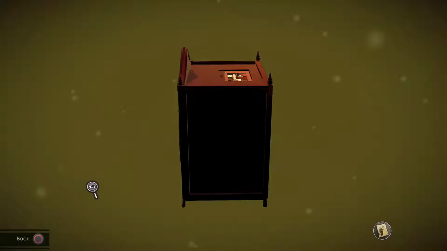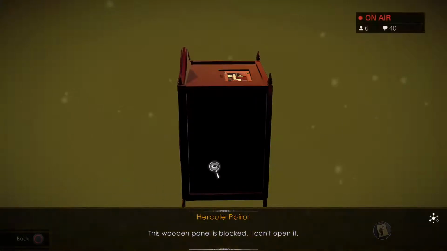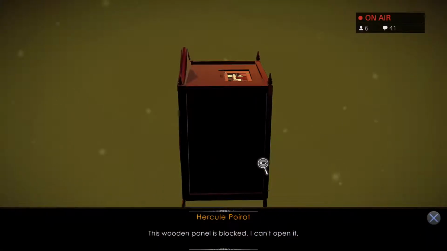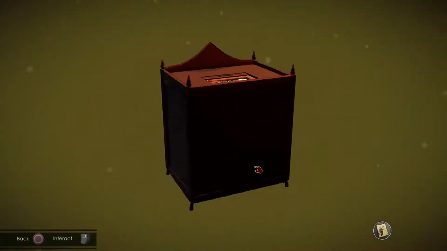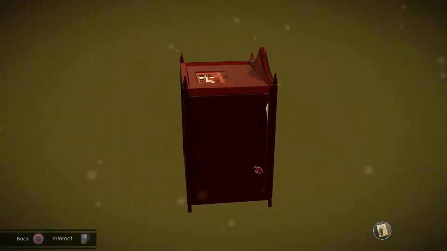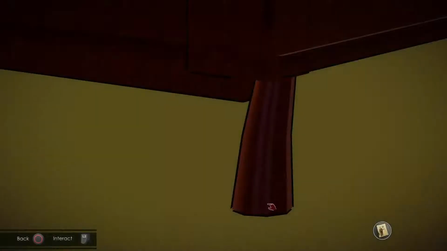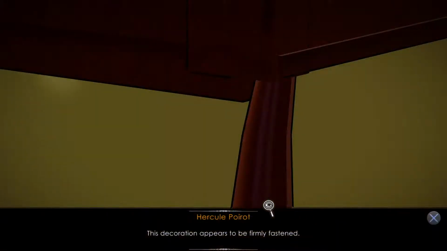Hey, look at that. This wooden panel is blocked. I can't open it. This decoration appears to be firmly fastened.